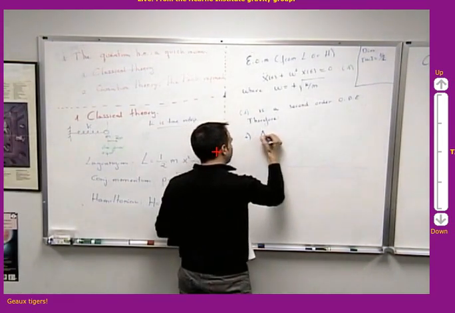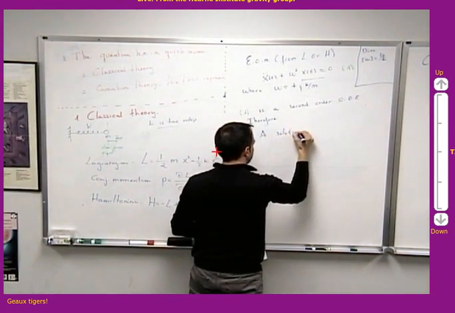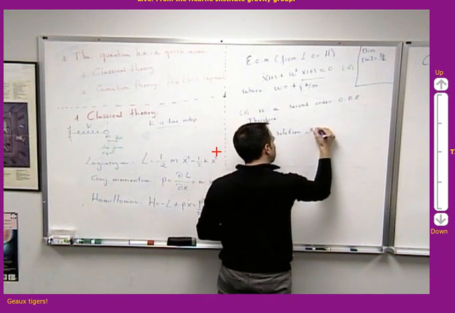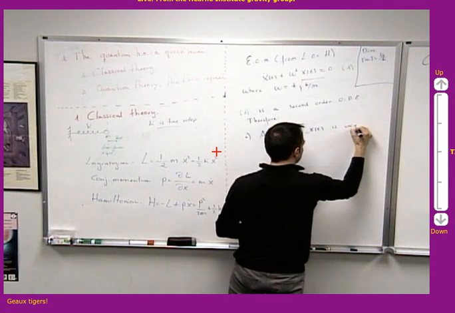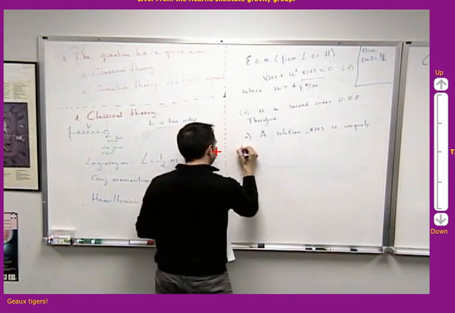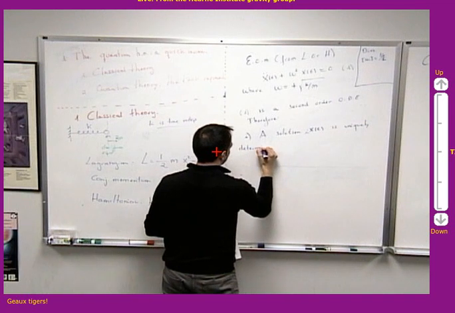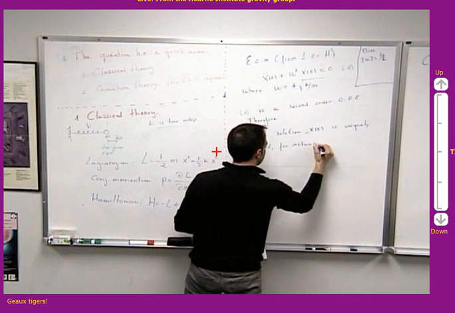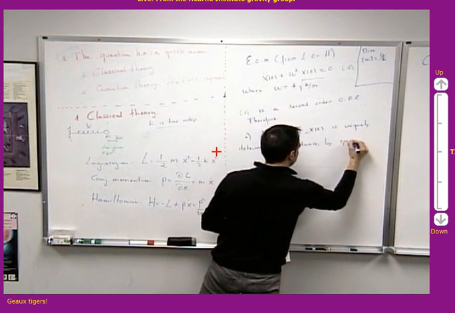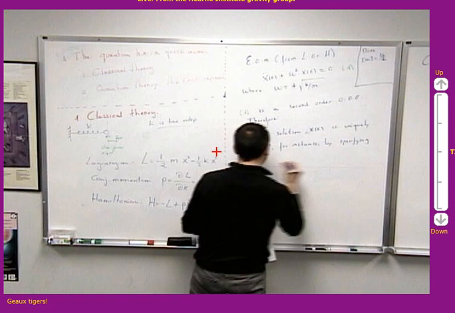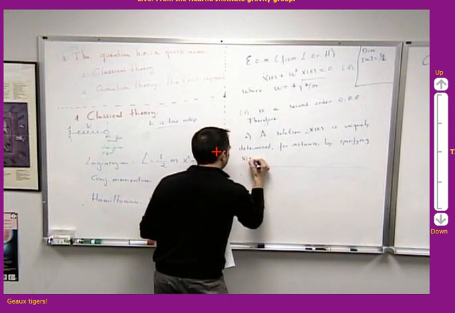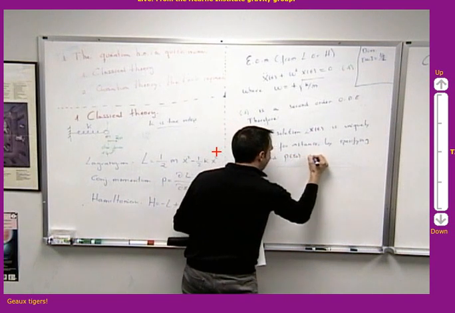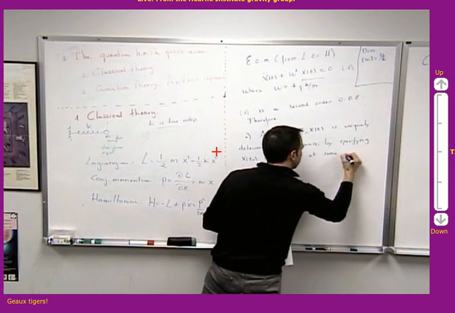A solution of that equation, x of t, is uniquely determined, for instance, by specifying position and momentum or velocity at some initial time.